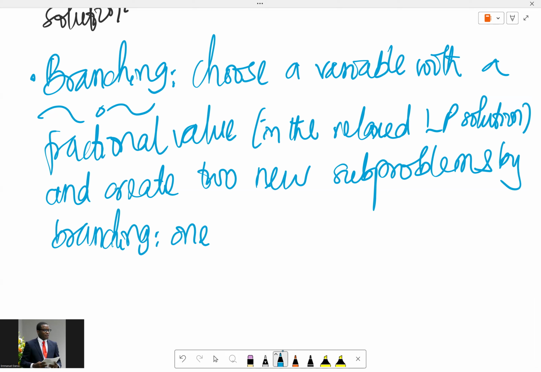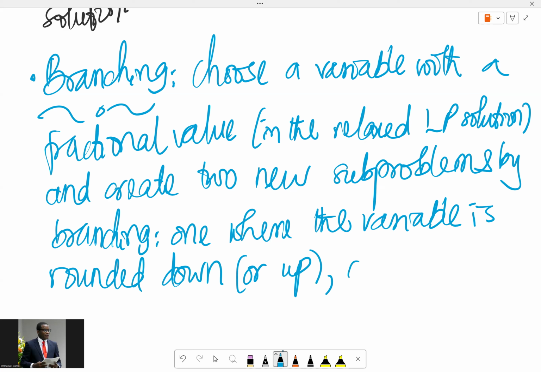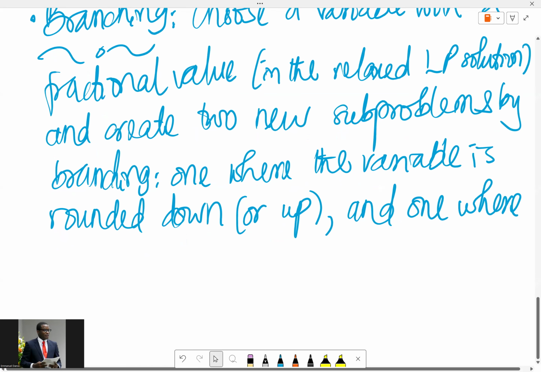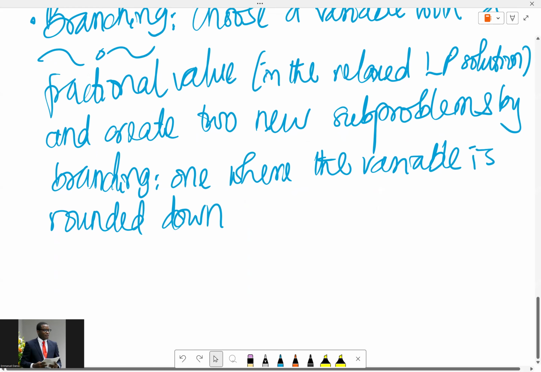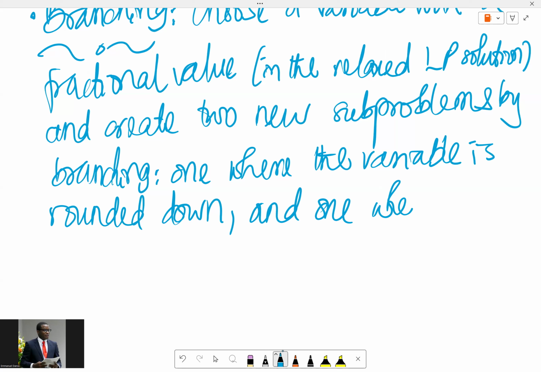One where the variable is rounded down, and one where the variable is rounded up.